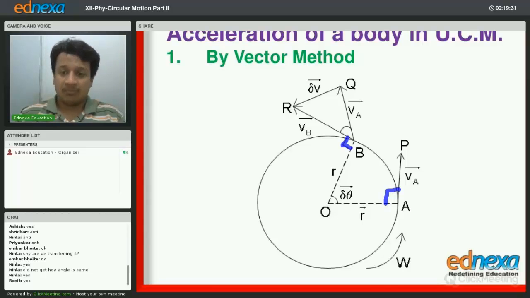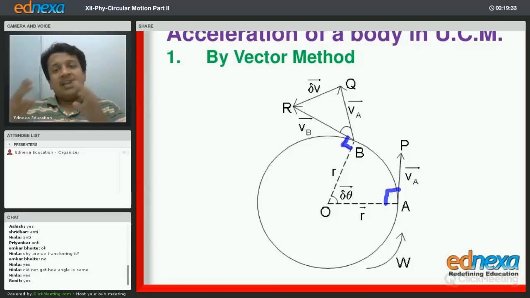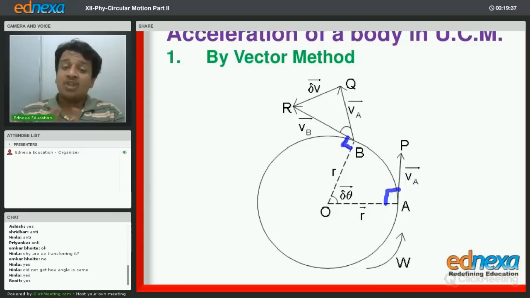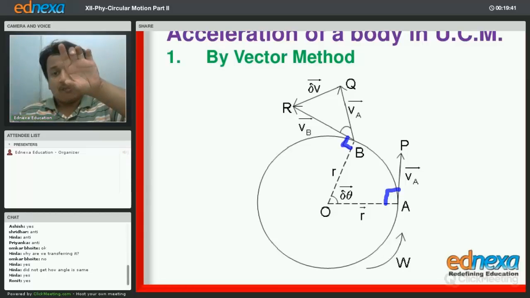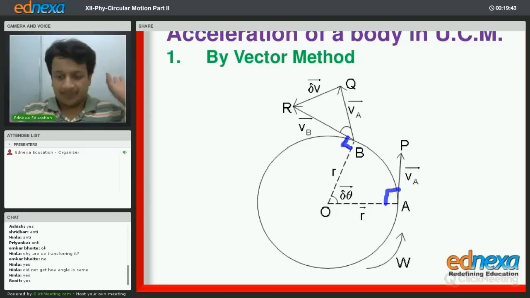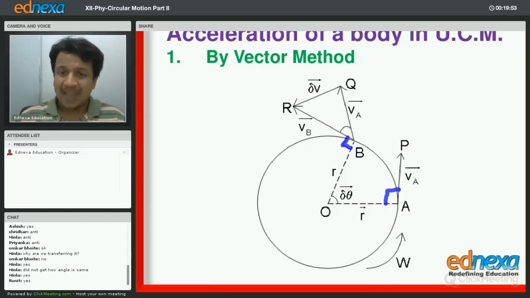We can displace any vector from one point to another without changing its direction and magnitude. So we displace AP to B and change its name from AP to BQ. So the angle QBR is also delta theta. I will proceed further.